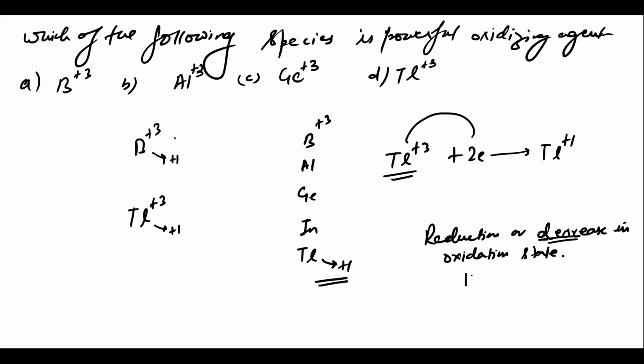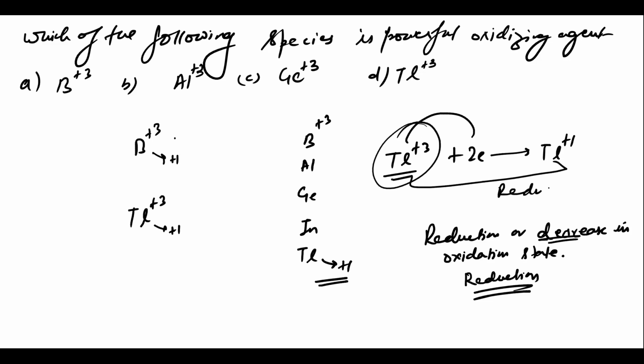The oxidation state is being reduced from +3 to +1, so this is called reduction, and the substance that is going to be reduced is considered to be an oxidizing agent. This is the oxidizing agent. Now you understood this one?